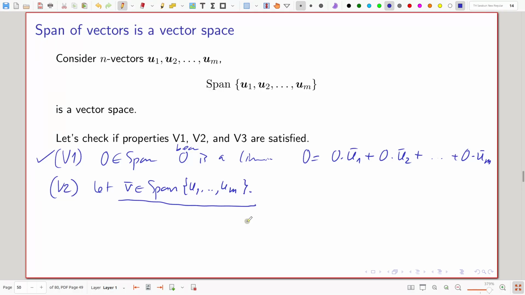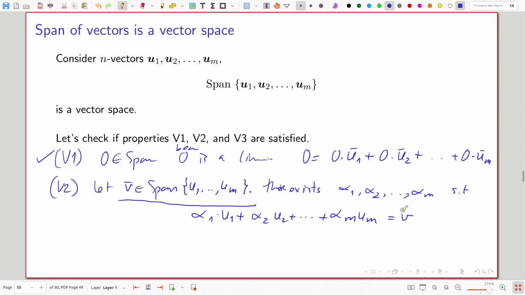It's a linear combination, so we know that there exist some constants alpha 1, alpha 2, up to alpha m, such that alpha 1 u1 plus alpha 2 u2 and so on, alpha m um equals v, right?